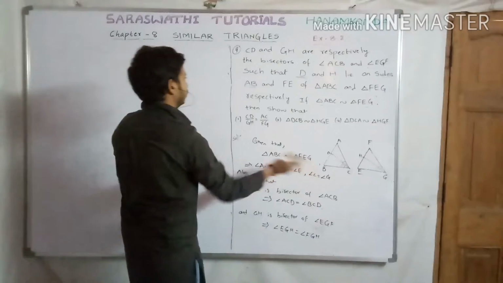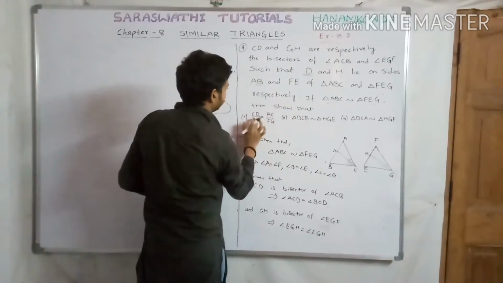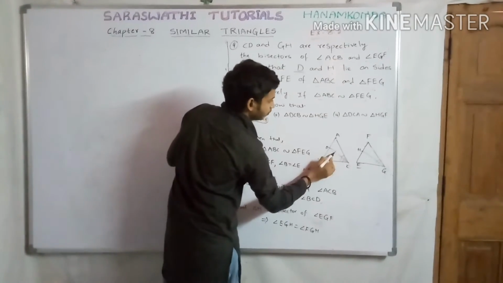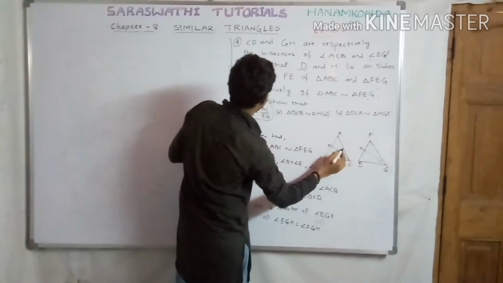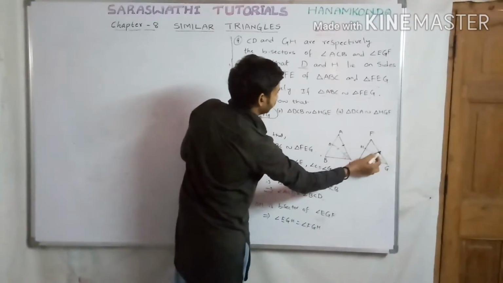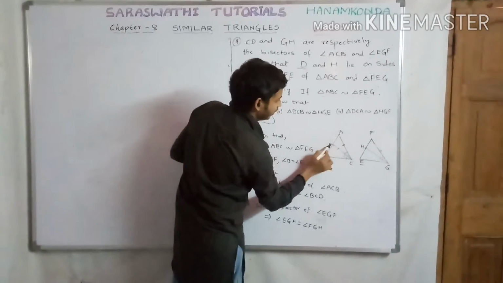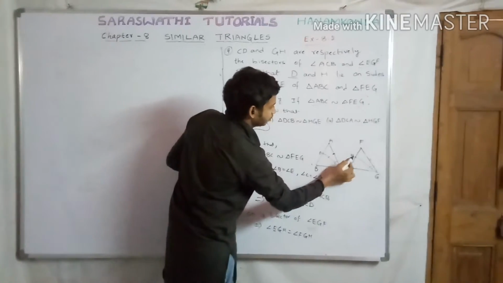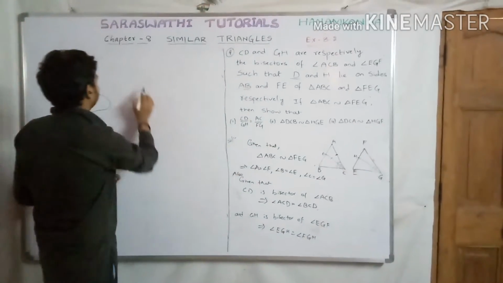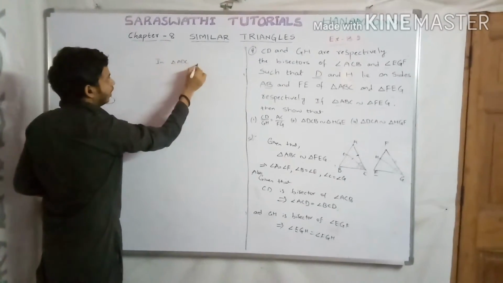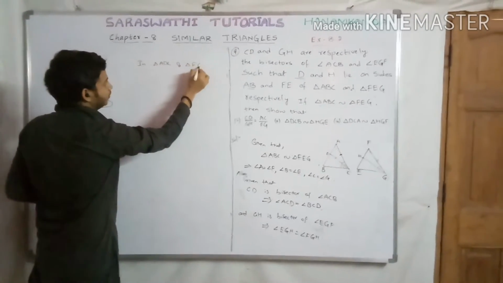Again the proof: show that CD by GH equal to AC by FG. So we have to consider these two triangles, triangle ADC and triangle FGH.